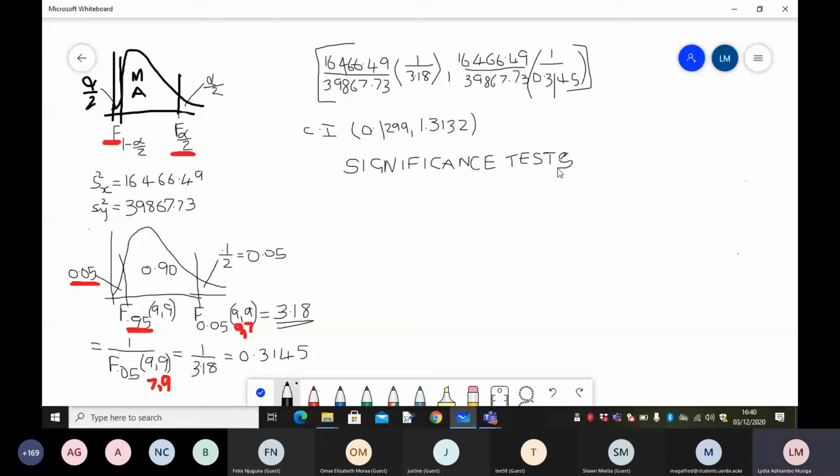You may find yourself having two alternatives, and you need to decide whether one of the alternatives is correct and the other one is wrong, or whether the second one is the one which is right and the first one is wrong. So we usually perform these computations under significance tests.